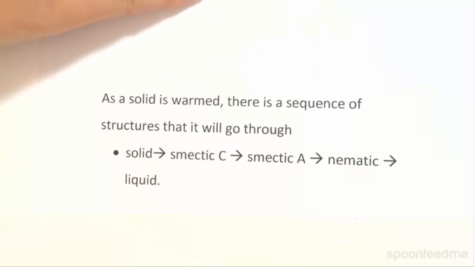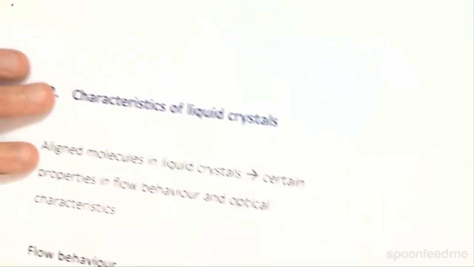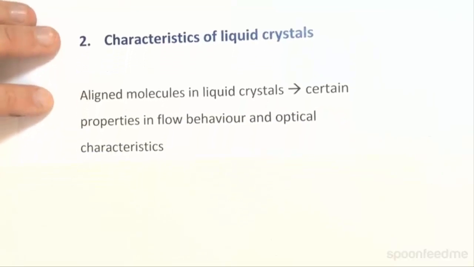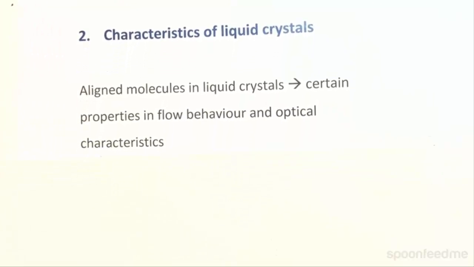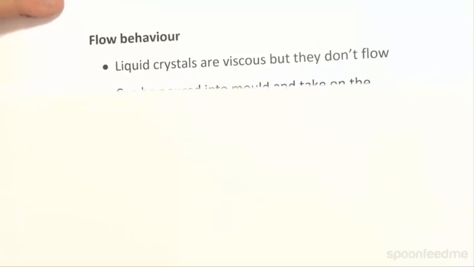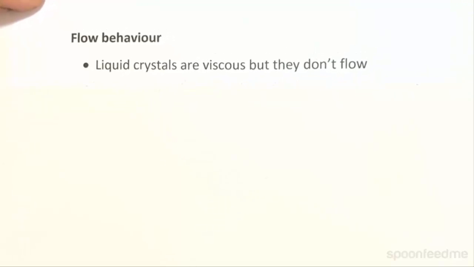All right. So this brings us on to our next point where we talk about the characteristics of liquid crystals. The molecular alignment in liquid crystals gives them certain properties in terms of flow behavior and optical characteristics. In terms of flow behavior, liquid crystals are viscous, but they do not flow.